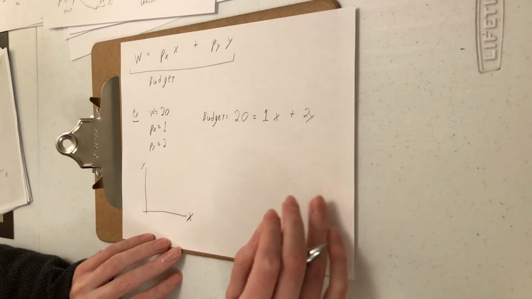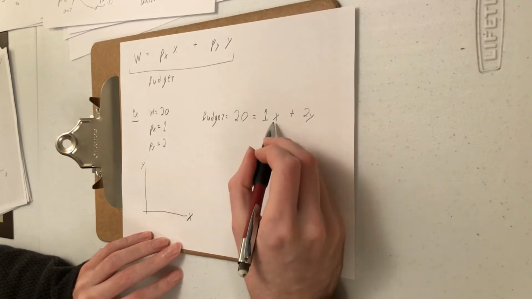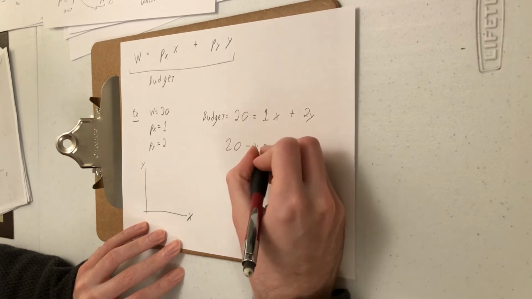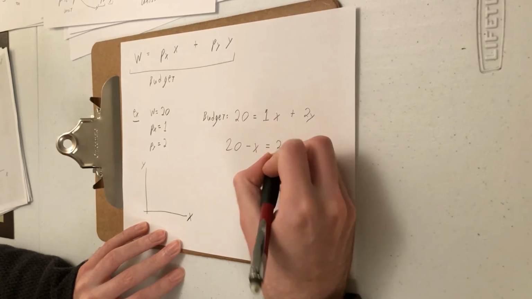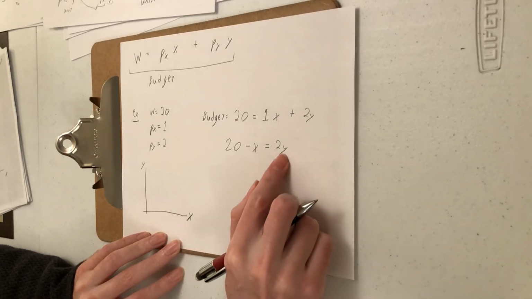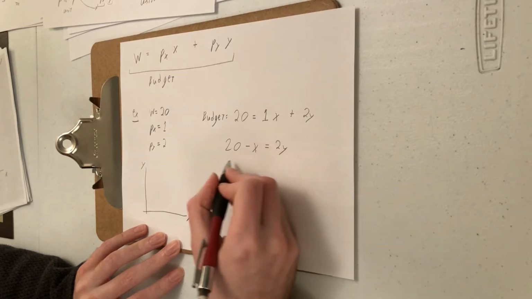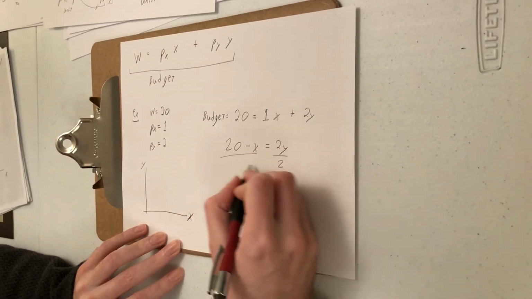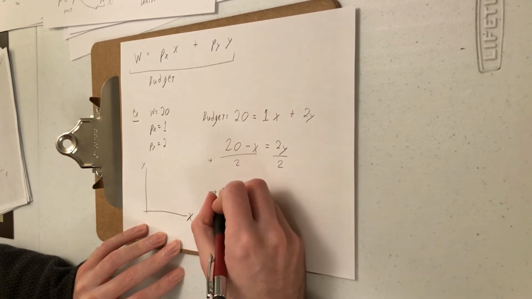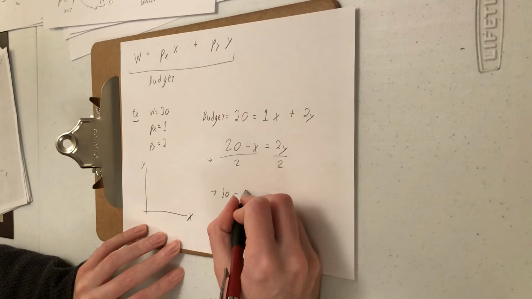How we graph this, we'll just isolate Y. So let's subtract an X from both sides. To finish isolating Y, let's just divide by 2. So 20 over 2 is 10. And then we have, I guess, 1 over 2.